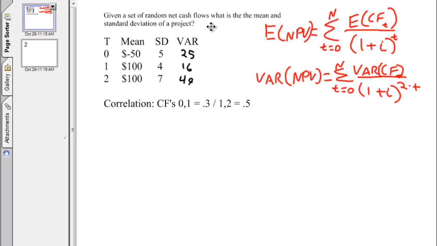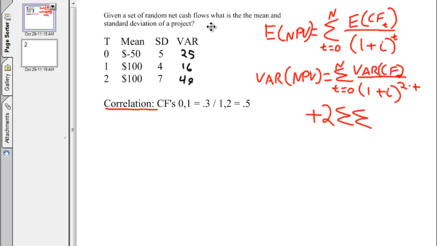And then remember that we said if there's a correlation, which in this case there is, right? If there's correlation in the cash flows, we need to add the correlation component to the variance. So in this case, you recall from class, we add the correlation component, which is this big, scary looking equation of 2 sigma, two sums.